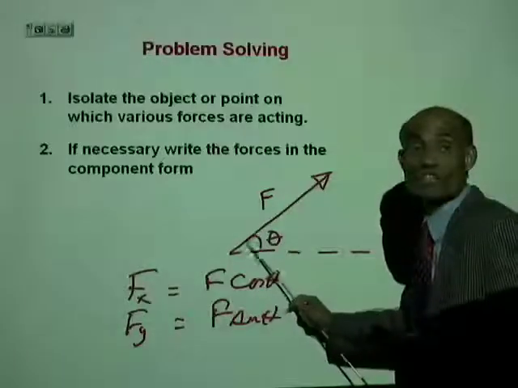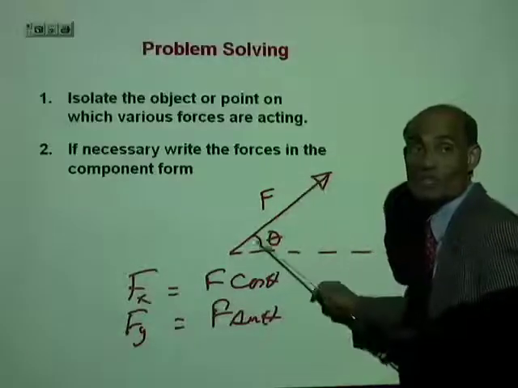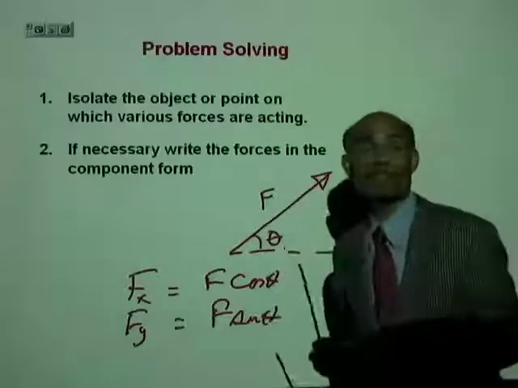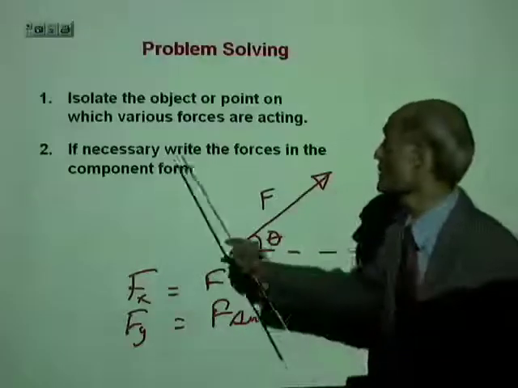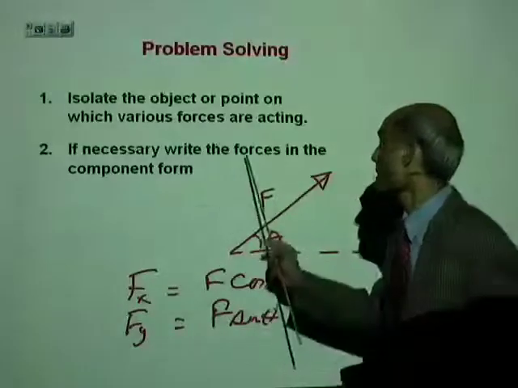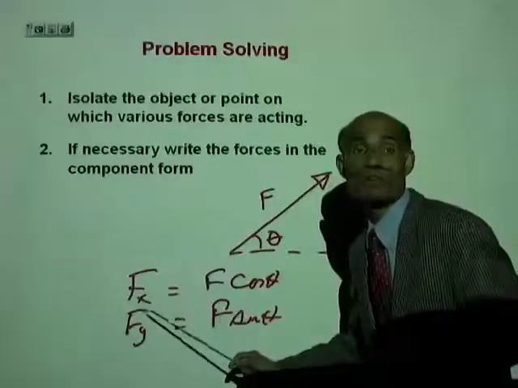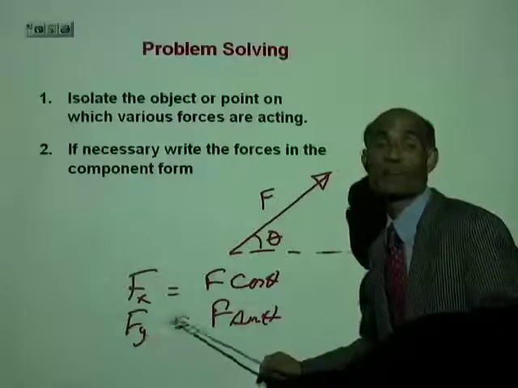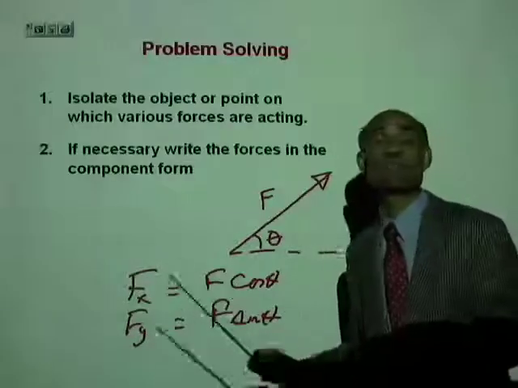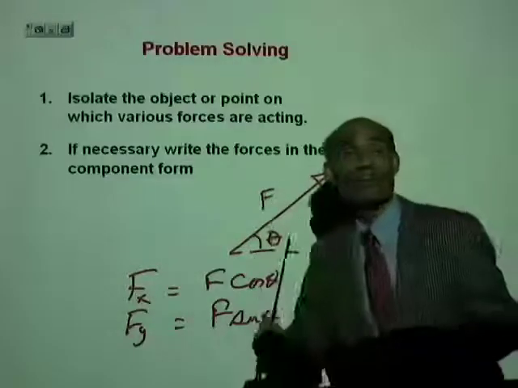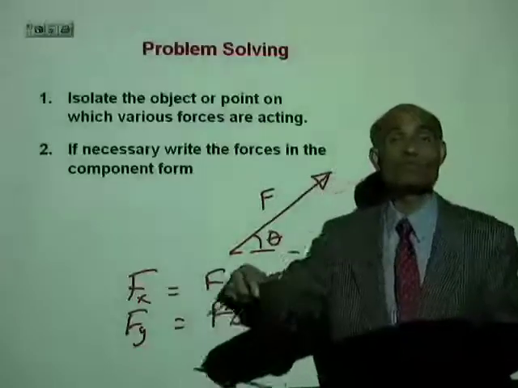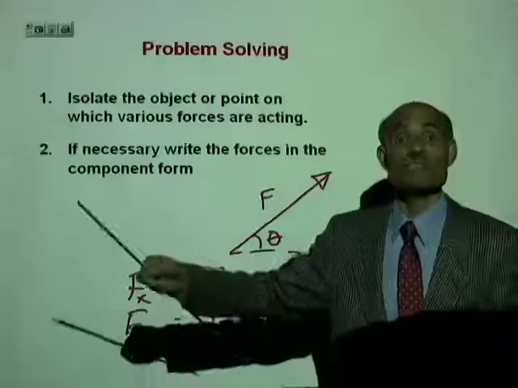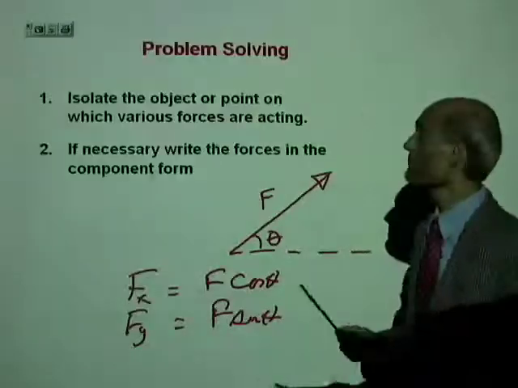But if the force is in an arbitrary direction that makes an angle theta with the x-axis, then write the forces in component form: the x component is F cos theta, the y component is F sin theta. Therefore, F equals F cos theta i plus F sin theta j.